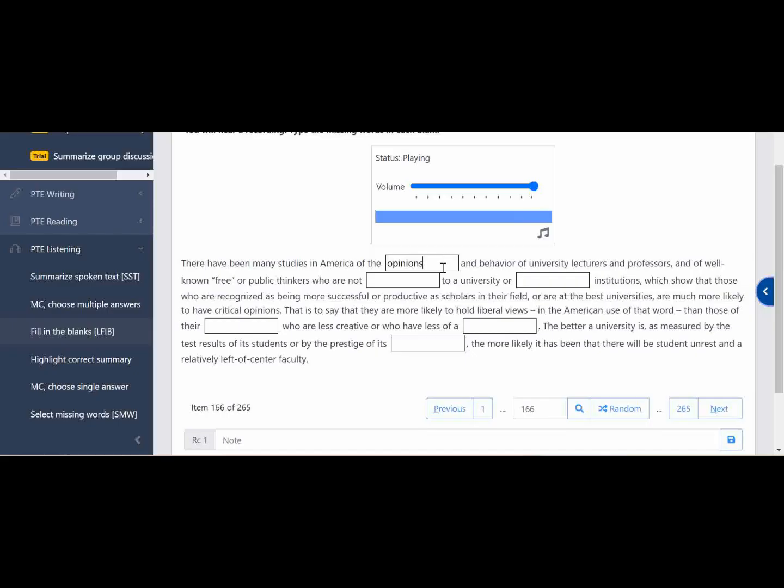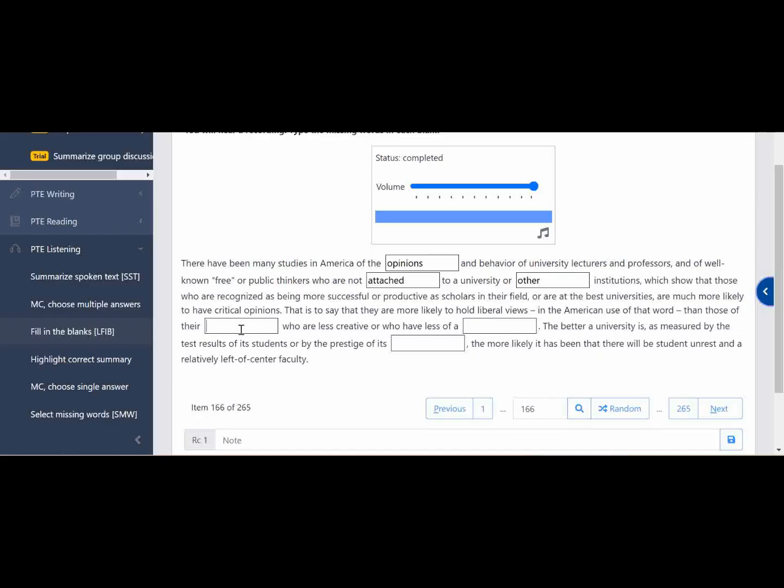So first one is opinions, because they are talking about the studies. So in study there is not a one opinion, so it is opinions. So you will write S in the end. Next one is attached, because it is are not. So are not means third form of verb. So we will write here attached. Next is university or other.